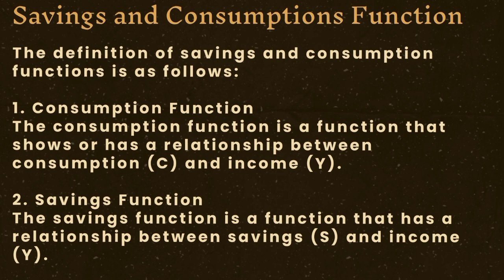The consumption function is a function that shows the relationship between consumption or C and income or Y. And the last is 2. Savings function. The savings function is a function that has a relationship between savings or S and income Y.